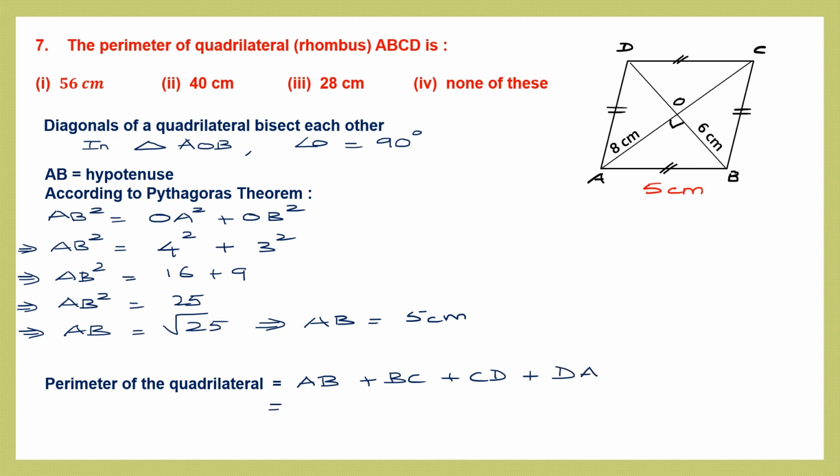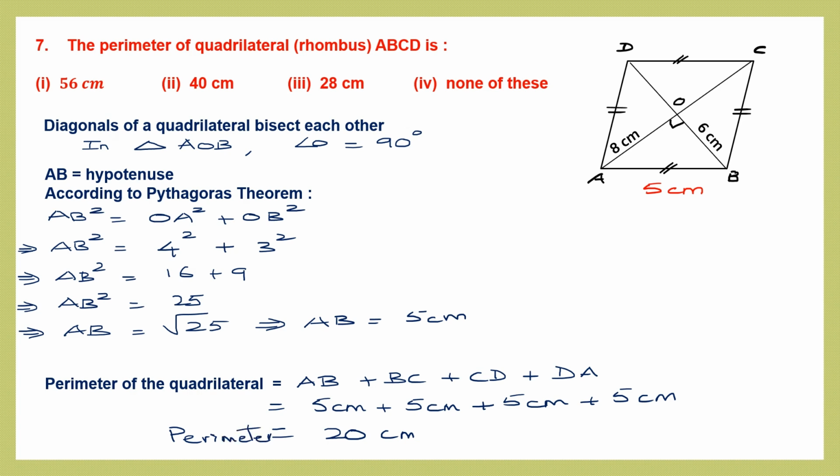And AB is 5 centimeters. They're all 5 centimeters each. So we add it up 4 times, 5 centimeters plus 5 centimeters and so on. Now when you add it up 4 times, you get 20. So 20 centimeters. So the perimeter of this quadrilateral is 20 centimeters.